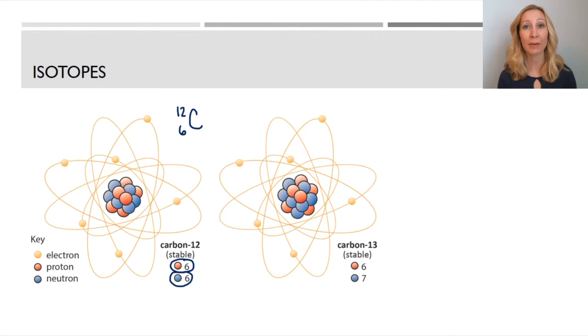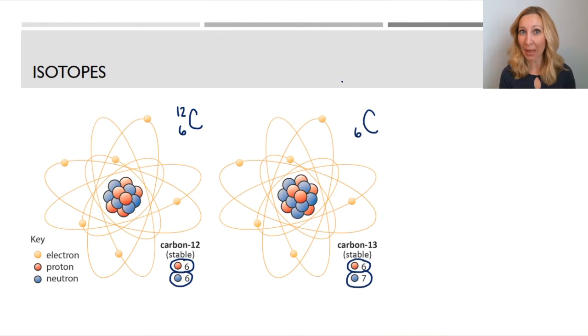Now let's take a look at carbon-13. Our element symbol is C, and we're going to have the subscript 6 before it because carbon always has 6 protons. And then our superscript is going to be 13 because we have 6 protons and 7 neutrons.